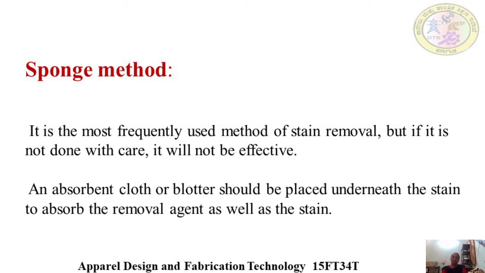If it is a small spot, you can use the drop method, that is the stain remover is applied using the medicine dropper or the glass rod on that small area and you can remove the stains. For the sponge method, you have to use the blotter paper or the absorbent cloth placed on that stain to absorb the stain by adding the removal agent. That is the sponge method.